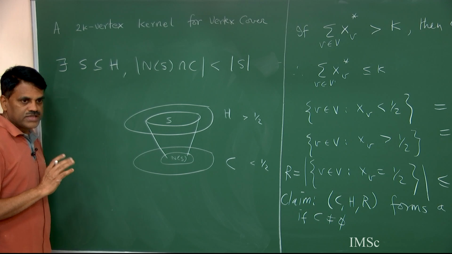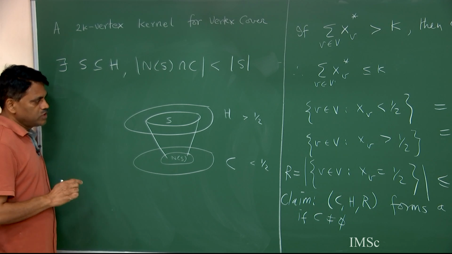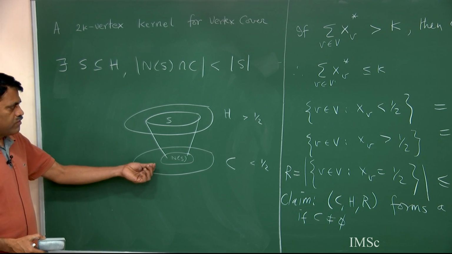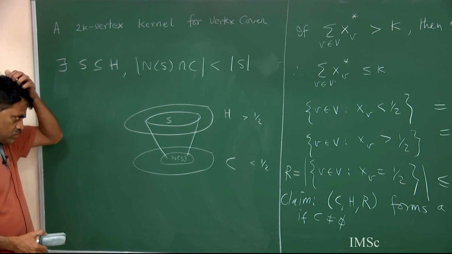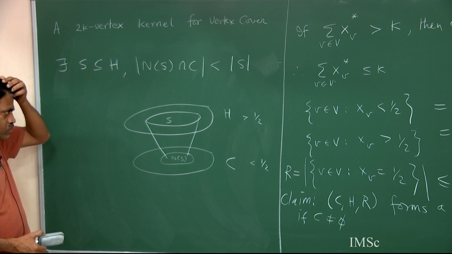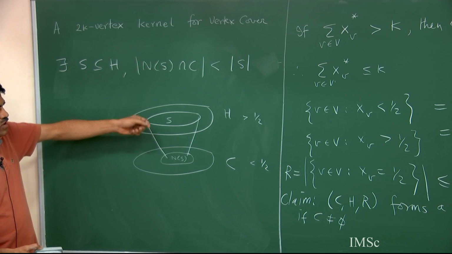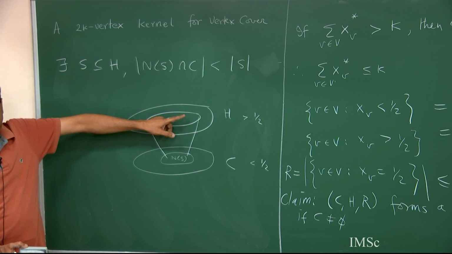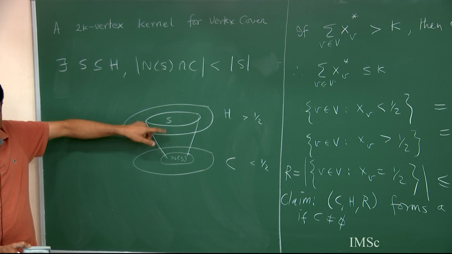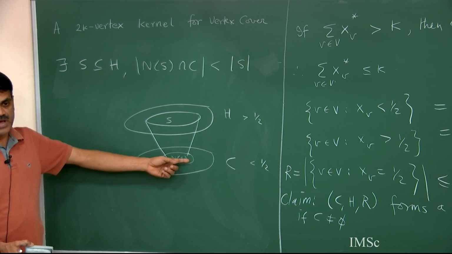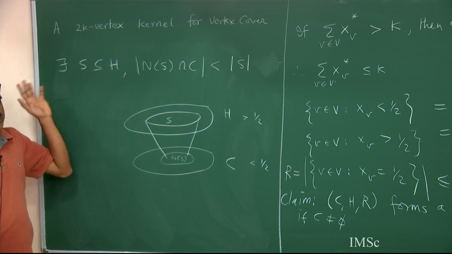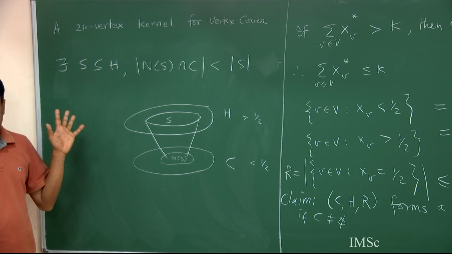So the idea is the following. I will find some epsilon so that I can decrease the value of each of these guys by epsilon and increase these guys by epsilon, and still make sure that my LP constraints are satisfied.